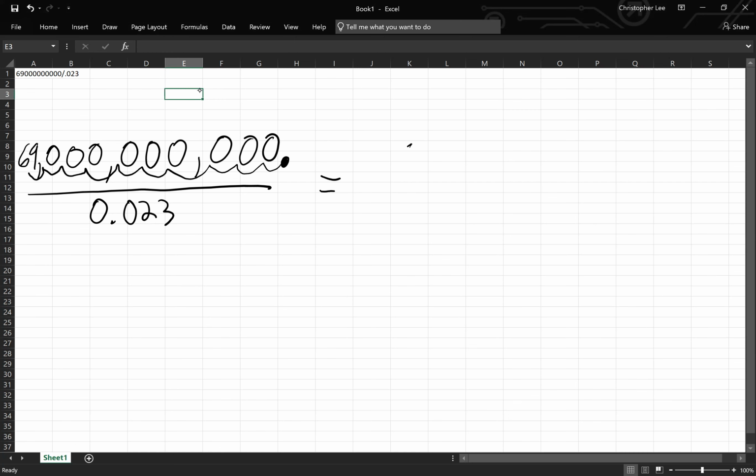So I know that my answer is going to be 6.9 times 10 raised to the 10 power. This 10 right here is the spaces that I counted over here. Now let me do the bottom.